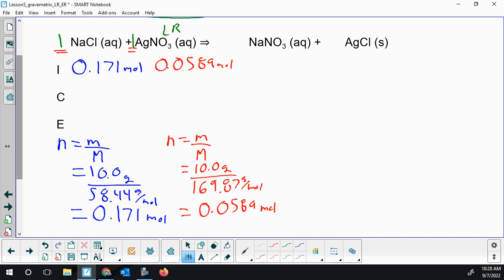The silver nitrate has less moles, so that's going to run out. We're going to have some of the sodium chloride, or my blue set of numbers, left over. So I'm going to take away all of the silver nitrate.